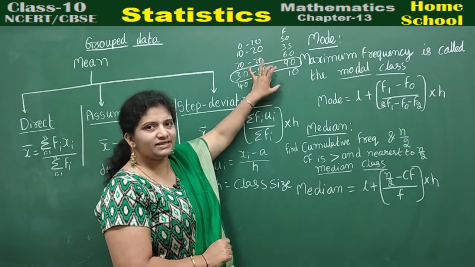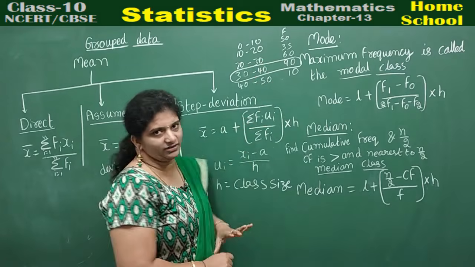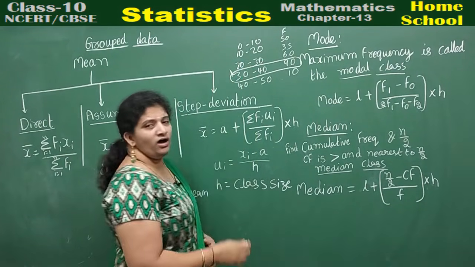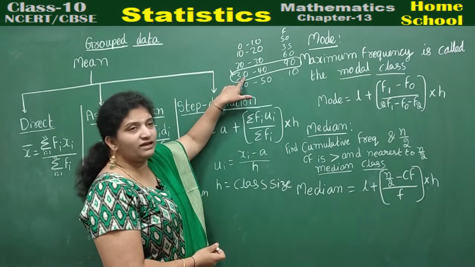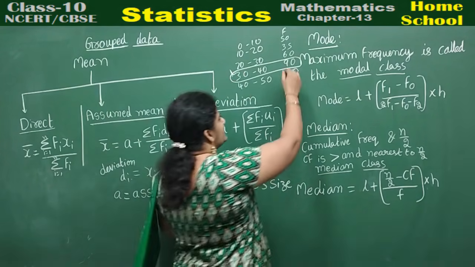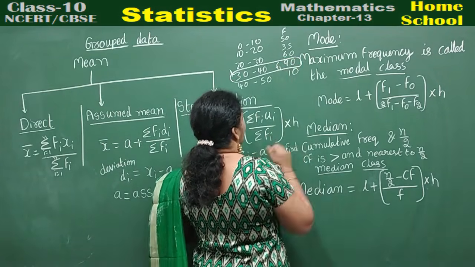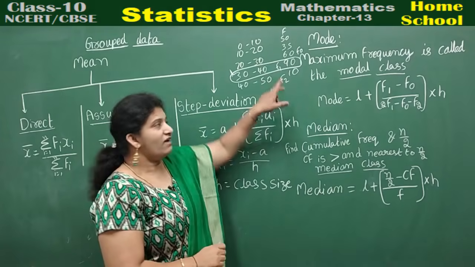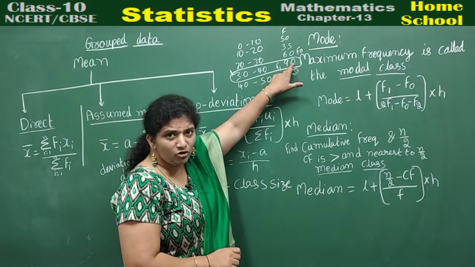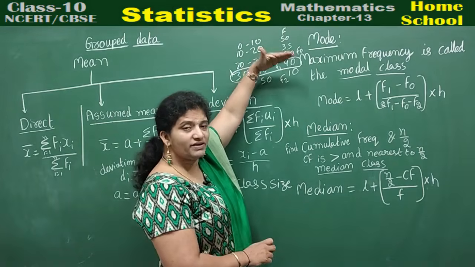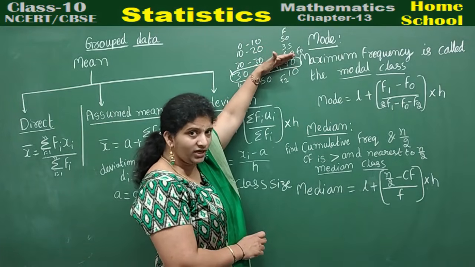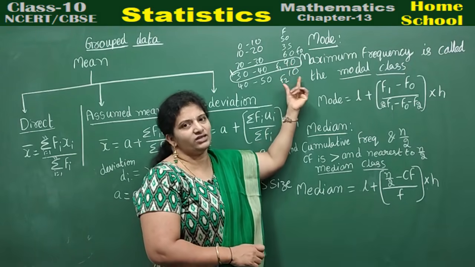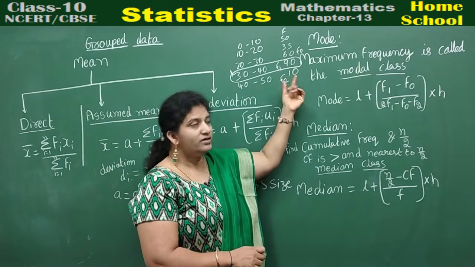Now, seeing this modal class, you need to write these letters. L indicates lower limit. What is the lower limit here? 30. And then F1, F0, F2. F1 is the frequency of the modal class. F0 is the preceding frequency, above the modal class, and F2 is the succeeding frequency, after the modal class.